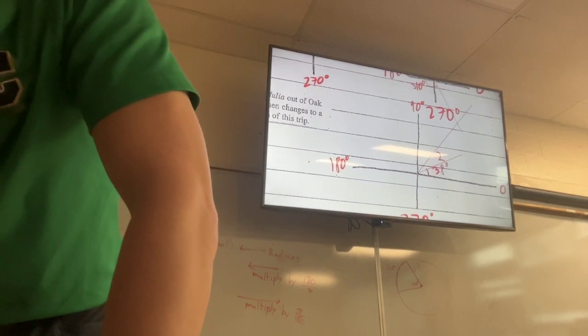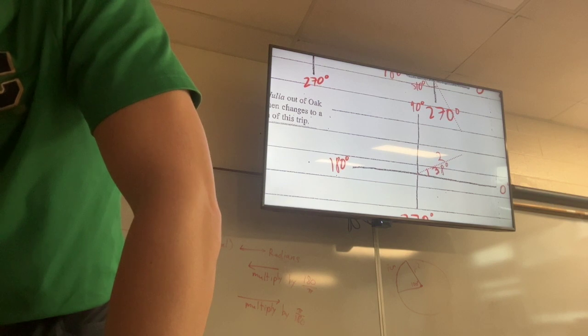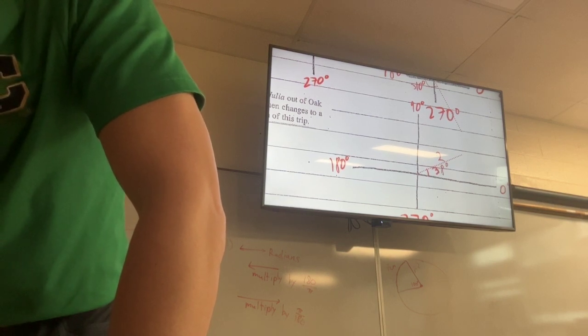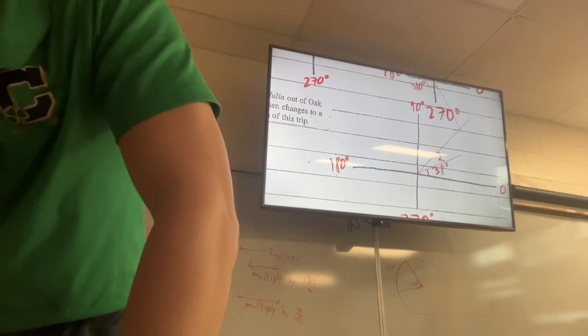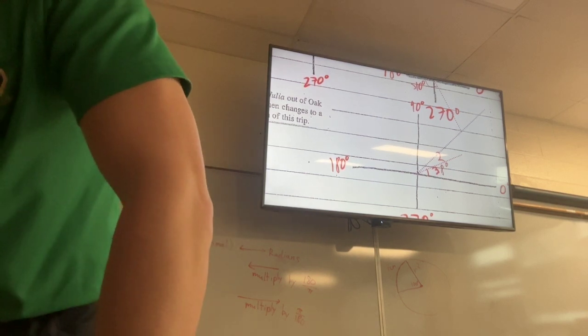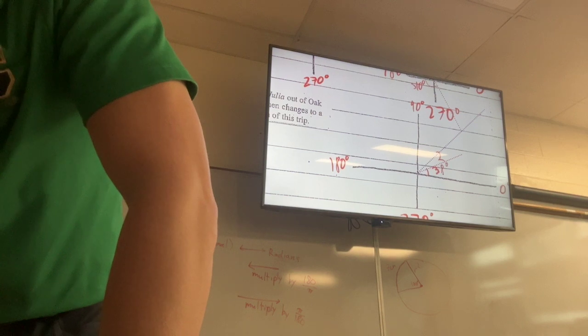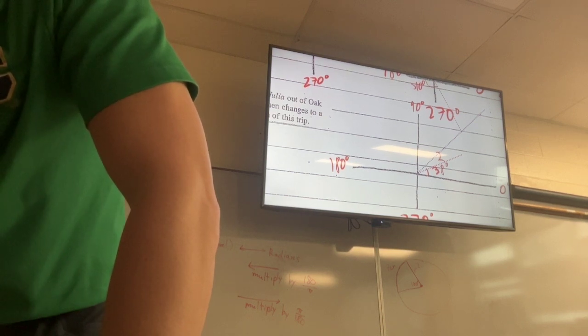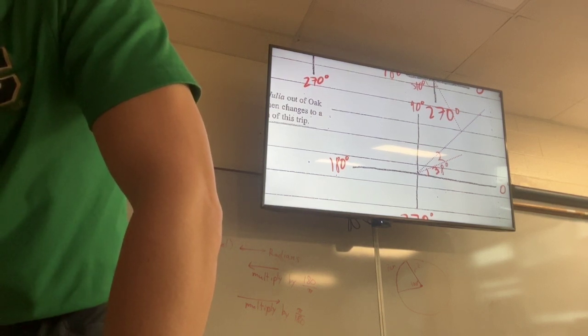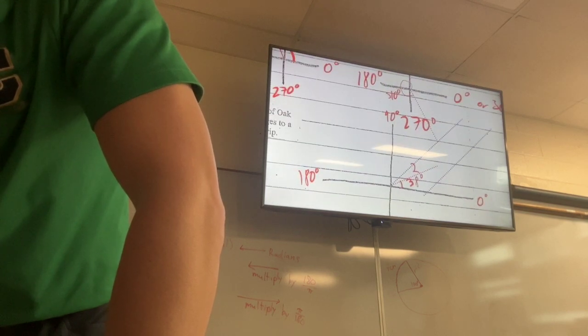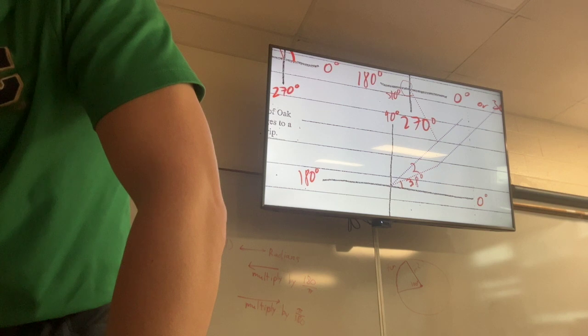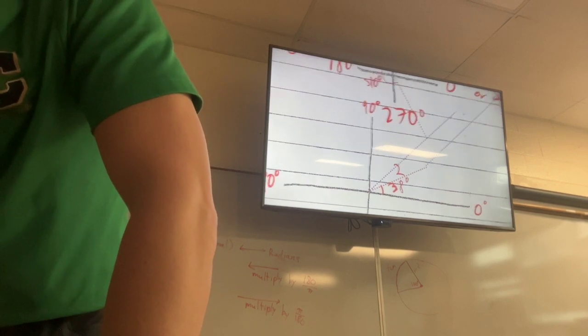Let me draw that in a different color. And then what I'm going to do is just copy it and move it to the end of that first stretch of the journey.